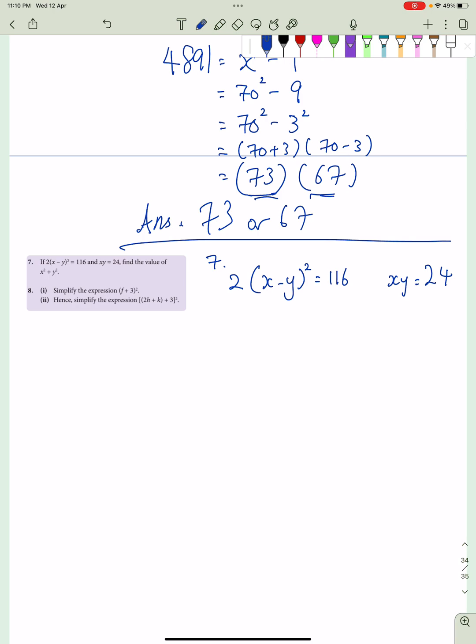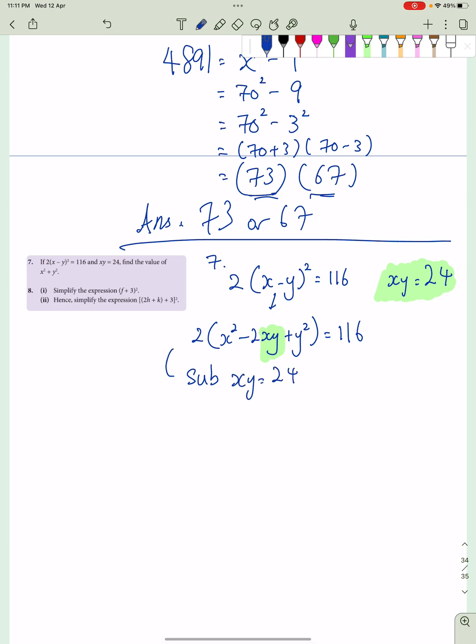Alright, so what you want to do is, since there's a bracket, first expand this bracket. When I expand this bracket, I notice that it is just x squared minus 2xy plus y squared, and this is 116, right? So if I observe the second equation, it seems like I could just sub xy equals 24 into here.